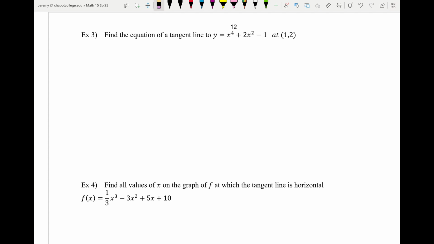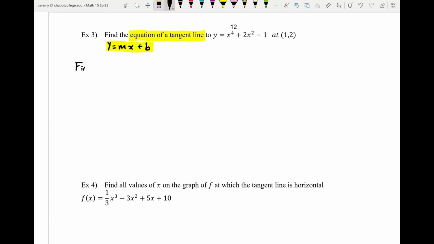All right, so we've done a few of these already. Remember, our answer is going to be in the form y equals mx plus b, right? We're trying to find the equation of the tangent line, so it's going to be something in this form.